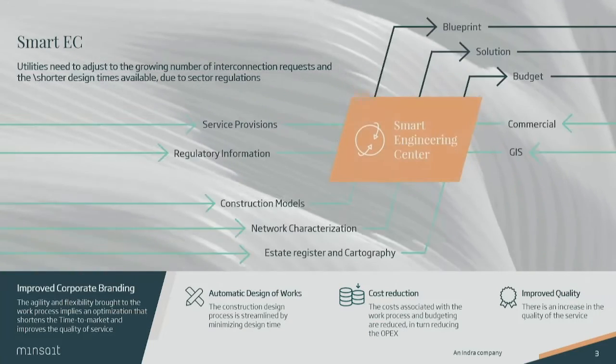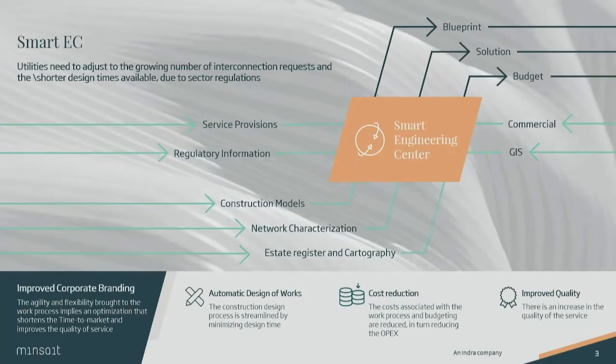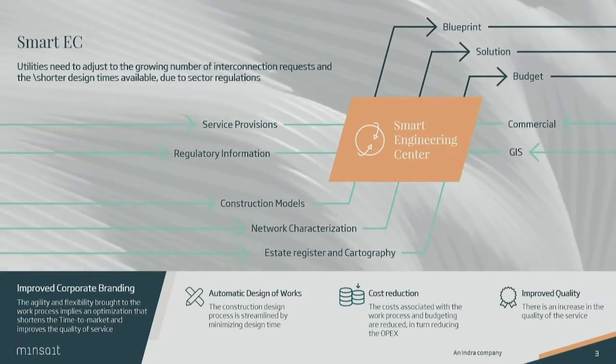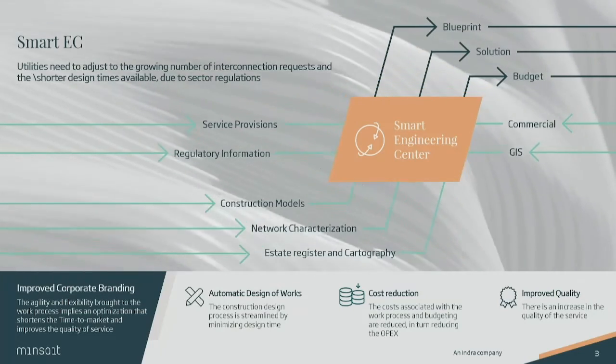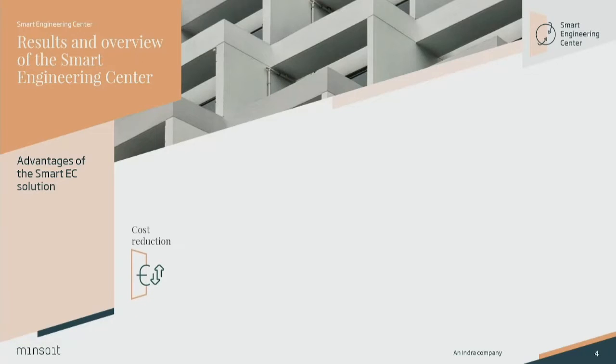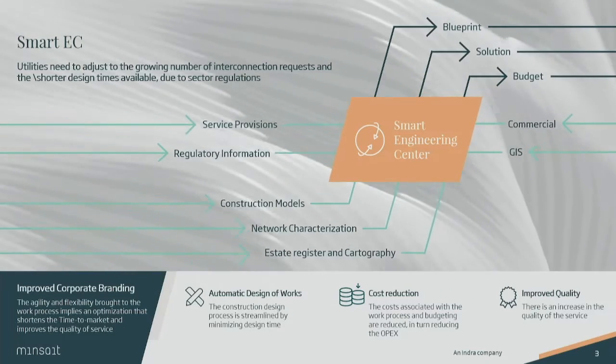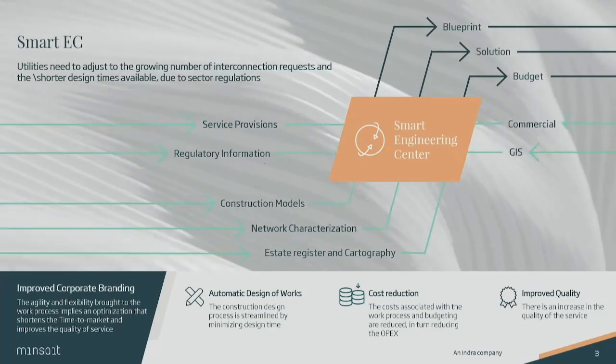So, the inputs the Smart Engineering Center receives is service provision, right? Then regulatory information. This is all the regulation that is typical of the state, the county, etc. The construction models that are in the company, right?